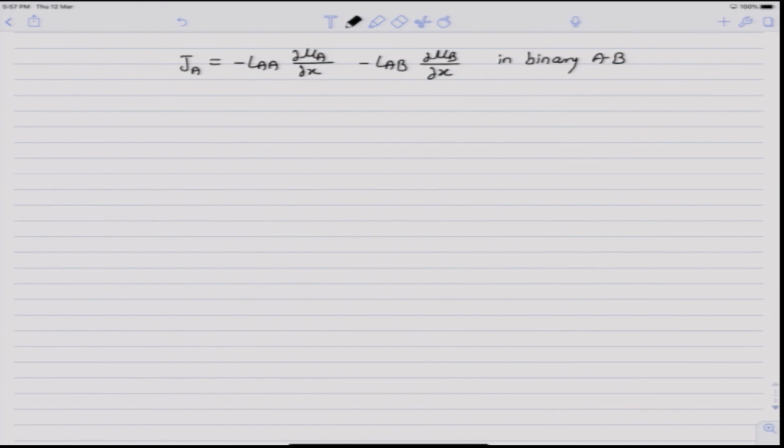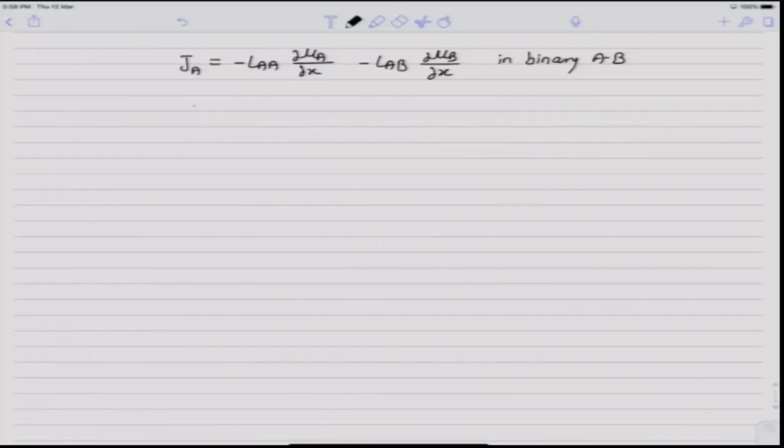If the chemical potential gradient of vacancies is assumed to be 0, that means if there is no net vacancy flow, then this cross kinetic coefficient term Lab is absent, and we can write Ja just in terms of dou mu a by dou x as minus La times dou mu a by dou x.